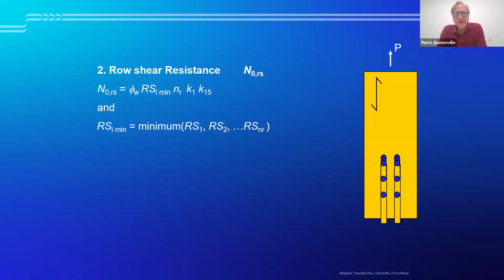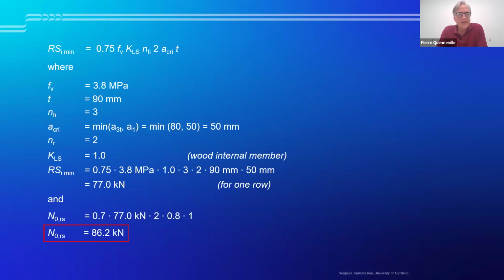We move on from the ductile failure to the brittle failure, and we look at the vertical one first. We have row shear. In this case, we know that the end distance is 8D, so 80 millimeters, and the spacing of the rows and spacing of the bolts in the rows is 50. So we end up with a row shear resistance per row for one row of 77 kilonewton.